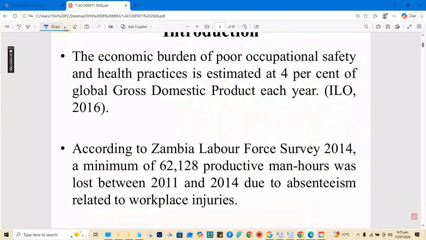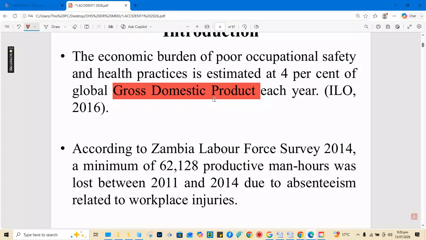We continue looking at things of interest that might come in the test. The economic burden of poor occupational health and health practice is estimated at 4% of global domestic product each year. So GDP, gross domestic product, is the amount of goods, the work output that gets produced domestically within a nation, and we are saying that 4% of that GDP gets lost.